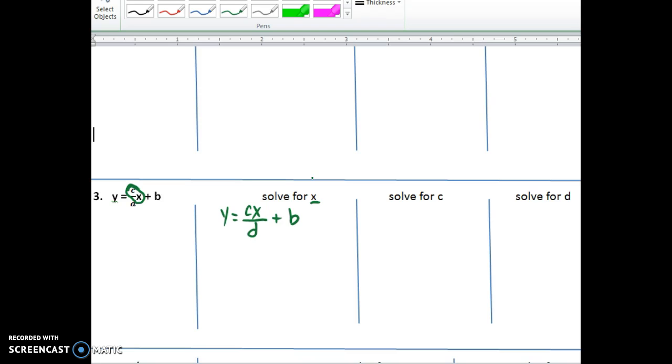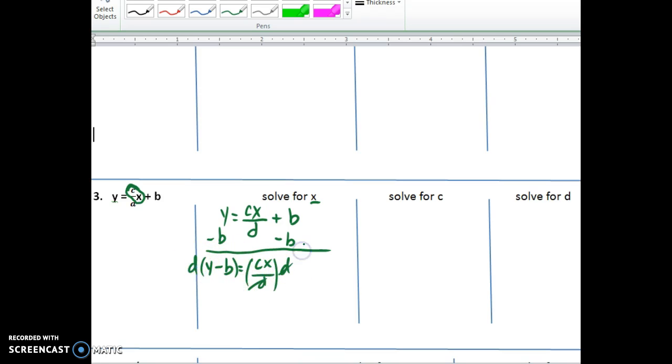So first thing I have to do is deal with addition or subtraction. I'll subtract b from both sides. That leaves me with y minus b equals cx over d. And now I'll go to a multiplication or division. I want x by itself, so I'll multiply both sides by d.